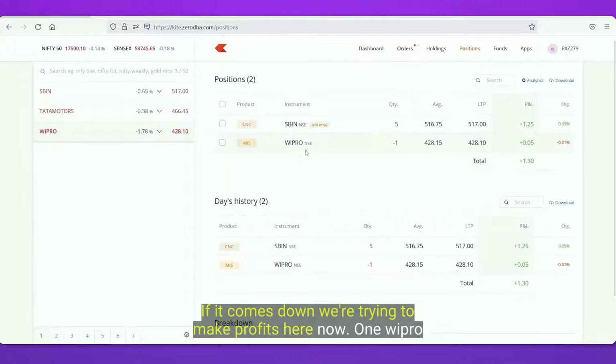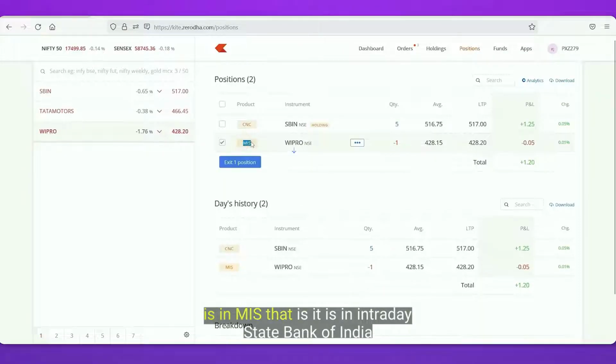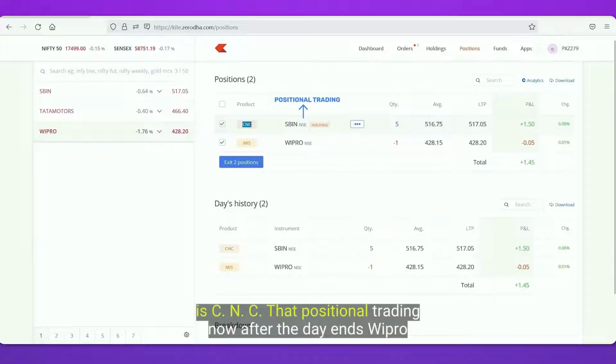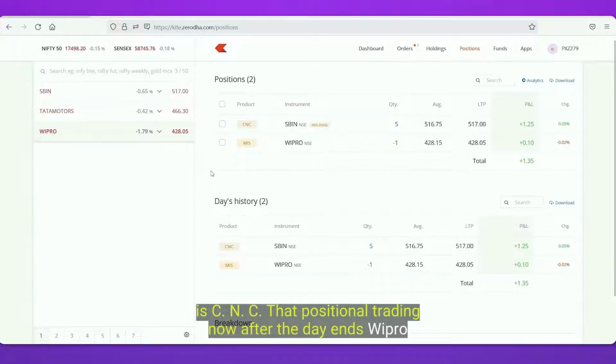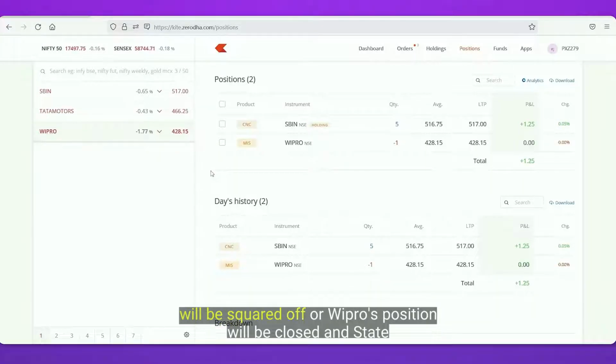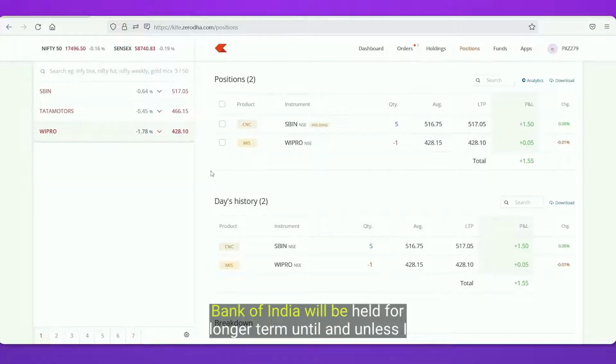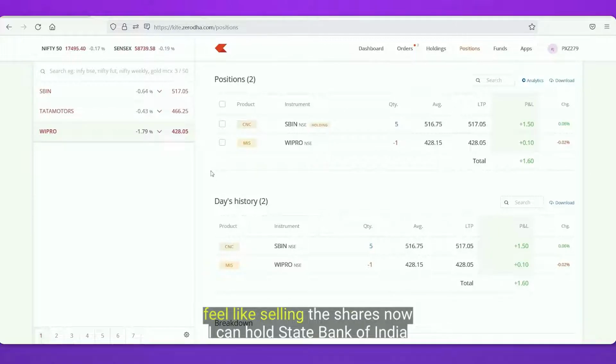Now, Wipro is in MIS, that is, it is in intraday. State Bank of India is CNC, that means it is for positional trading. After the day ends, Wipro will be squared off, or Wipro's position will be closed, and State Bank of India will be held for the longer term until and unless I feel like selling the shares.